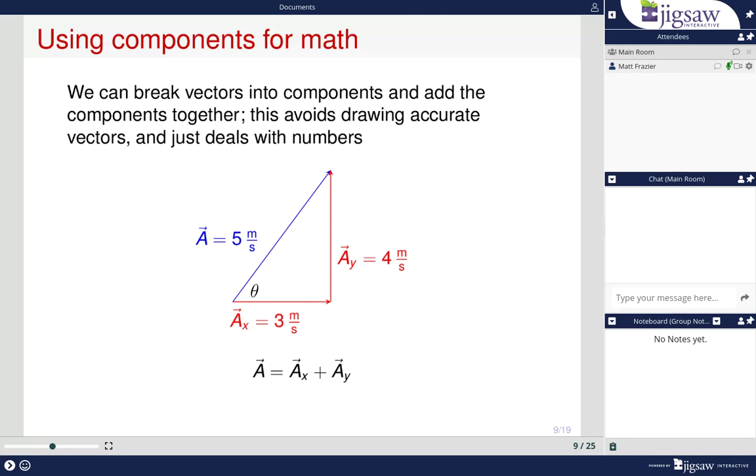You can pick a vector and draw one that goes off at an angle, and find a third one that adds up. But we like to pick one in the x direction and one in the y direction, and that way we know they're going to form a right triangle. And that means we can do trig. All right, so we have some vector equals its components.